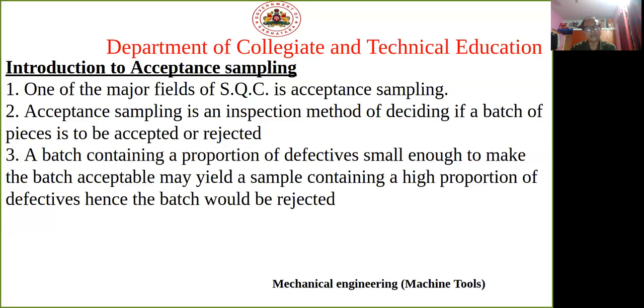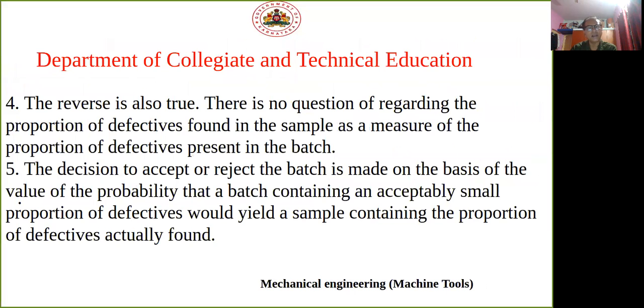Sometimes a batch contains a proportion of defectives small enough, but we still reject it. It is also the reverse: there is no question of taking the proportion of defectives found in the sample as the measure of the proportion of defectives present in the batch.